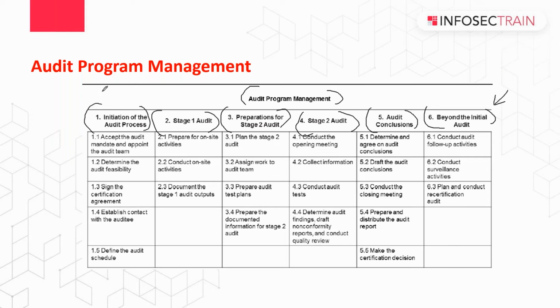If you are doing an internal audit, this is the process. If you are going with a stage 2 audit, this will be the complete process for it. Okay, now let's understand a bit more about each and everything.